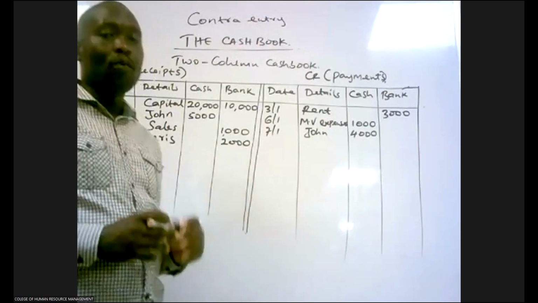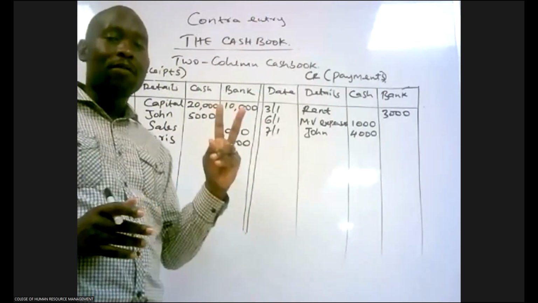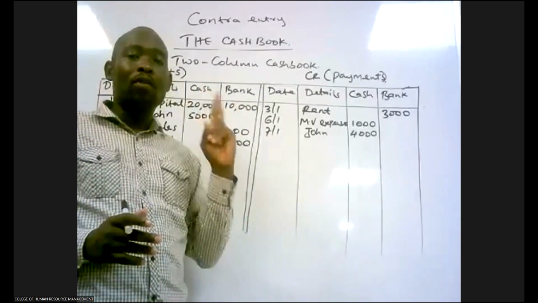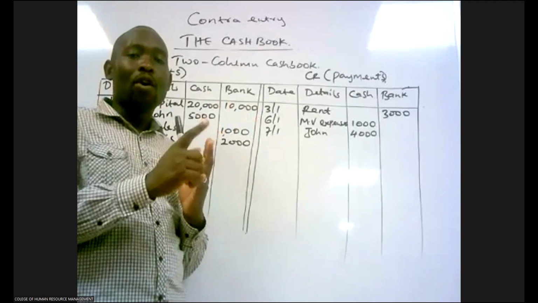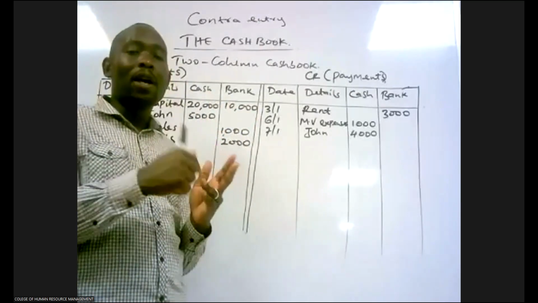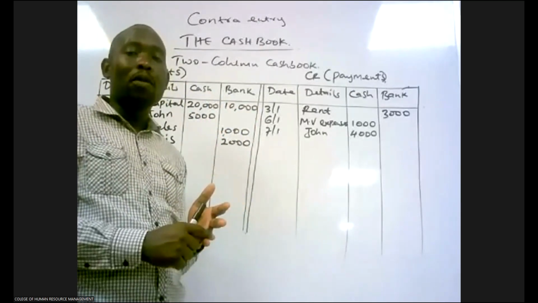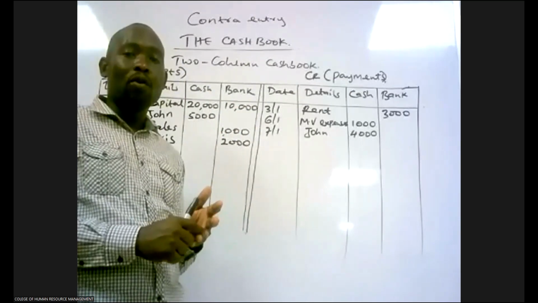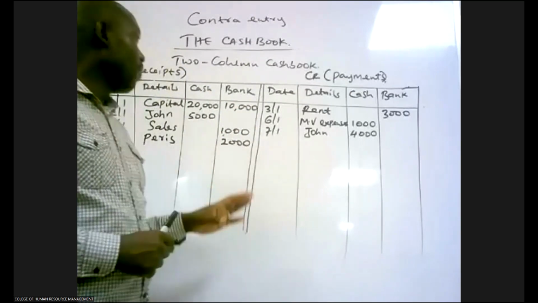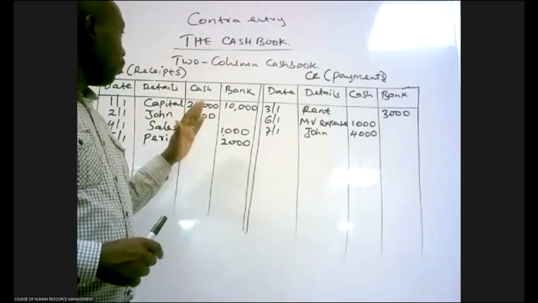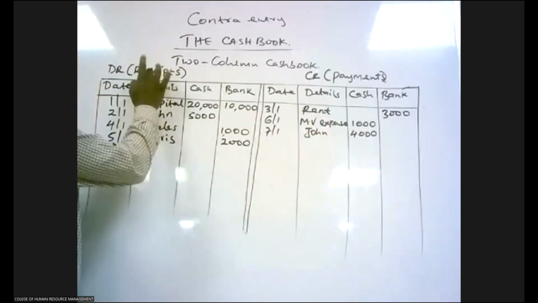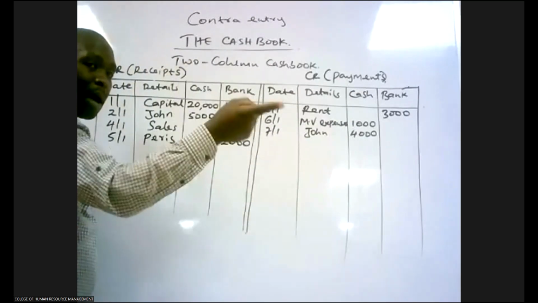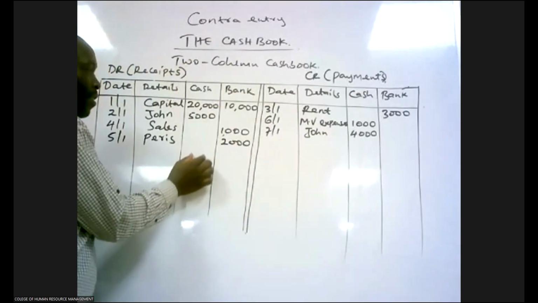So when it is a contra entry, we are going to come across it in two ways: the owner taking money to the bank, or withdrawing money from the bank to the cash box for business use or for office use. If it is withdrawn from the bank to cash, on the receipt side it is the cash that is receiving.